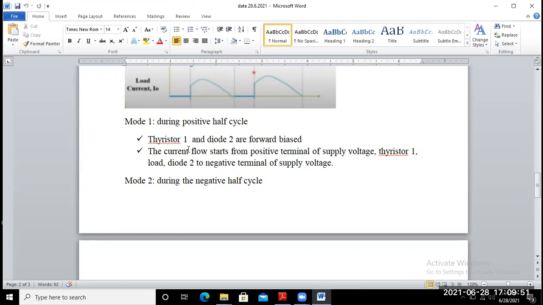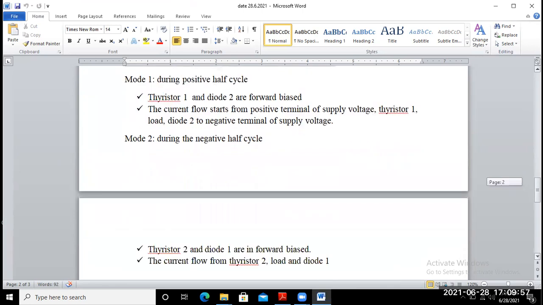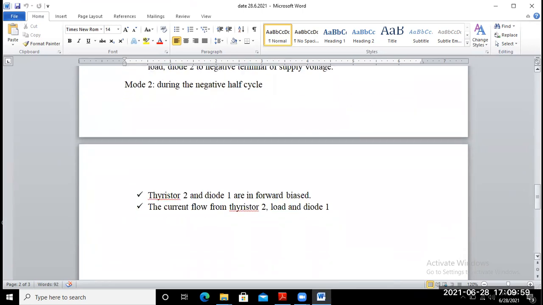Okay, in mode 2, during the negative half cycle, that means SCR2 and diode 1 are in forward bias. So maybe write here that thyristor 2 and diode 1 are in forward bias. For figure 1, you may say biased of figure 1 or figure 2, because in figure 2 the positions of D1 and D2 are interchanged.